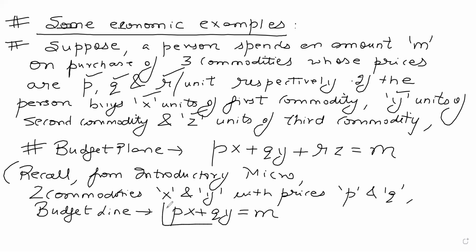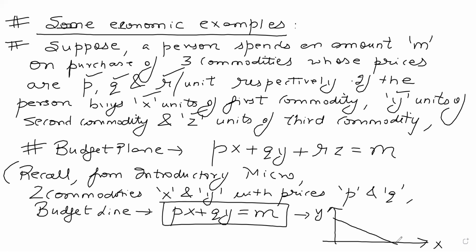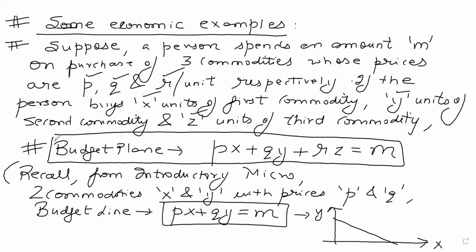So this will be a line in the 2-dimensional space. This is going to be X, this is going to be Y, this is my budget line. And all of us know budget lines are downward sloping. But now, how will I plot the budget plane? This is something new, because now we have 3 dimensions: X-axis, Y-axis and Z-axis.